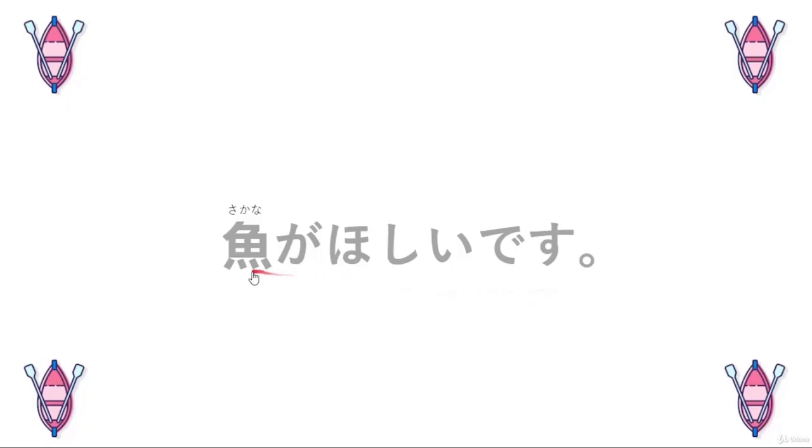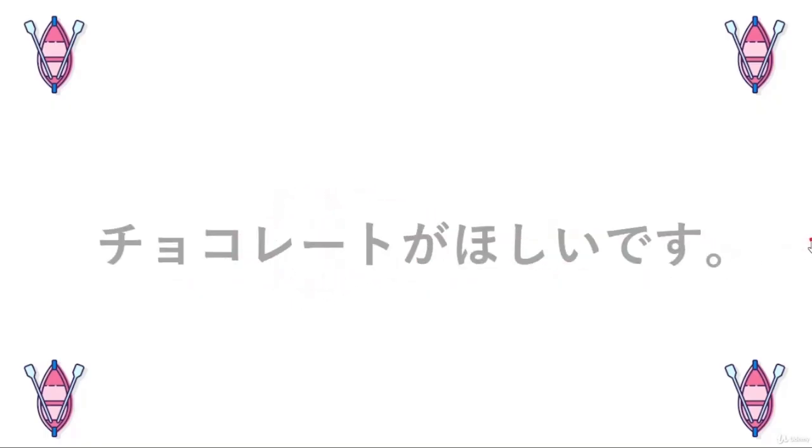So always with the structure hoshii desu, I want something, you would say noun ga hoshii desu. So you would always need particle ga. Chocoreto ga hoshii desu. I want chocolate.